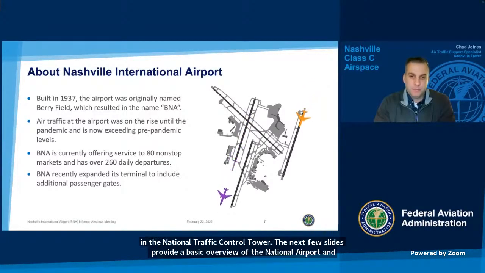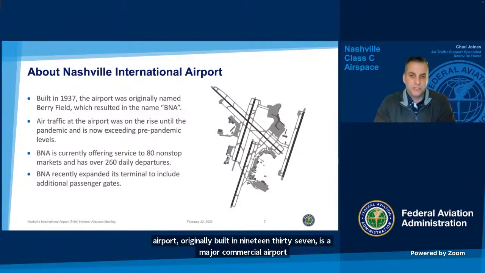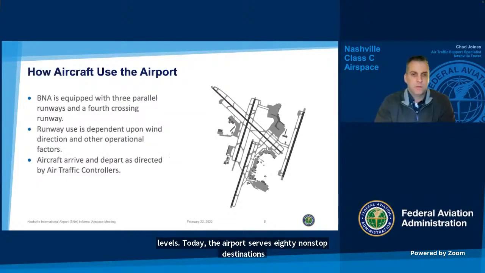Air traffic at the airport was already on the rise before the pandemic and is now exceeding pre-pandemic levels. Today, the airport serves 80 nonstop destinations and has over 260 daily departures.